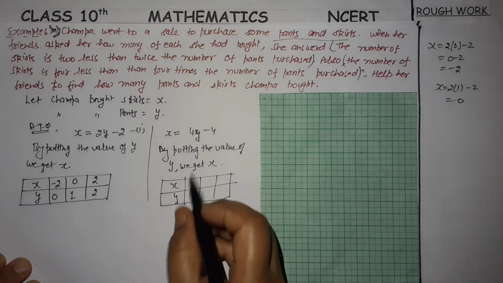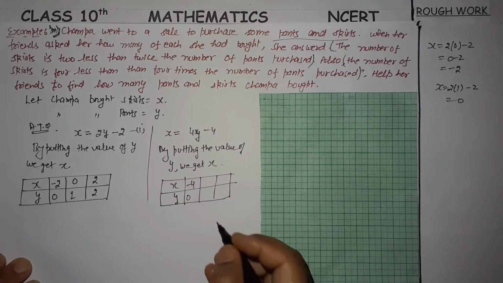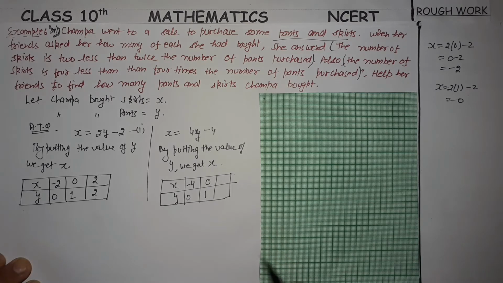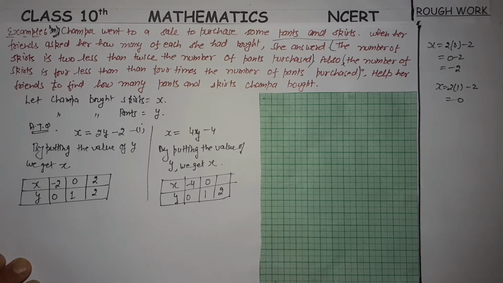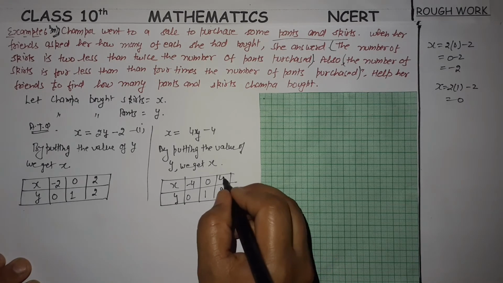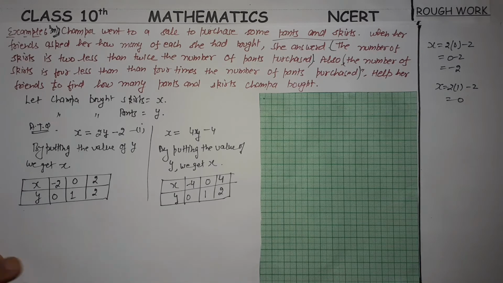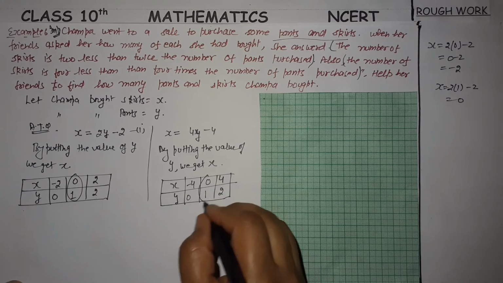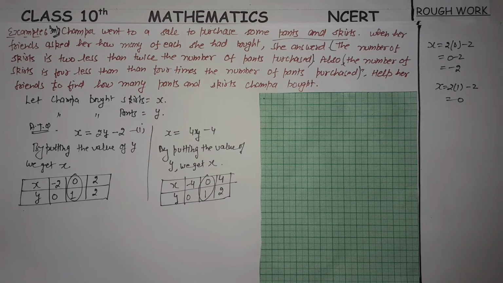Put y 0, then we have x minus 4. If we put y 1, then x is 0. If we put y 2, then x is 4. Now we plot these two boxes on the graph. Is there any common solution? Yes, x 0, y 1 in both the solutions.